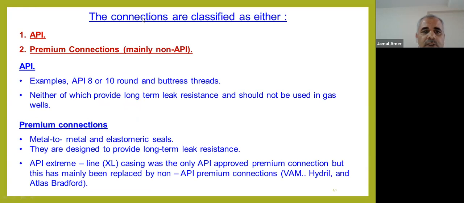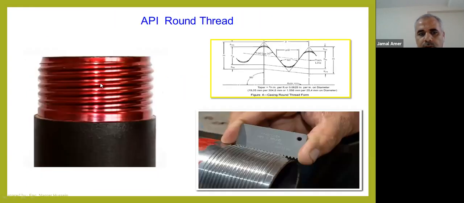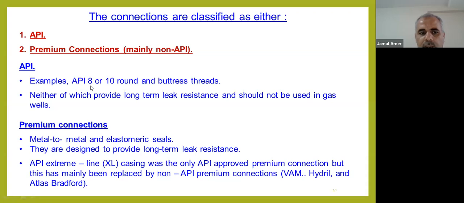Here is a connection. We have two types of connection: API connection and premium connection. What is the difference between API connection and premium connection, and where can we use API connections and premium connections? Also the thread we will talk about in our course.